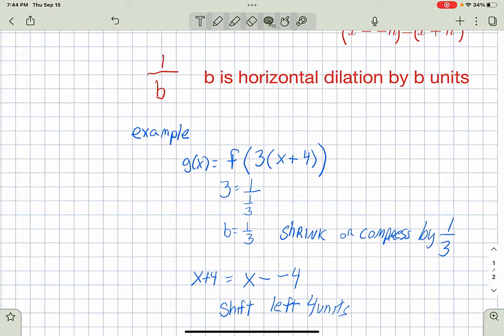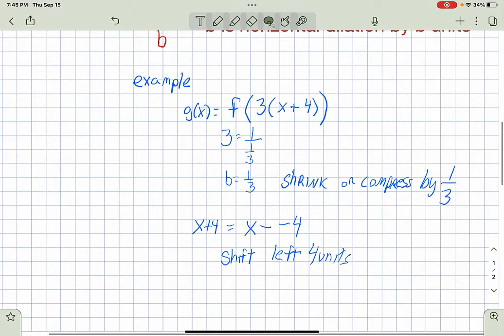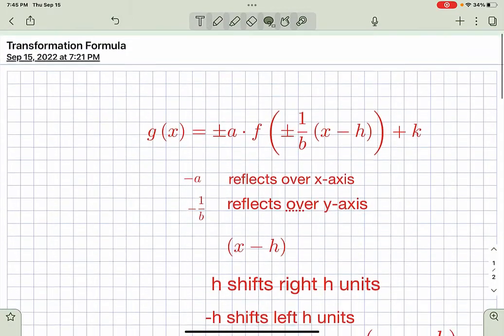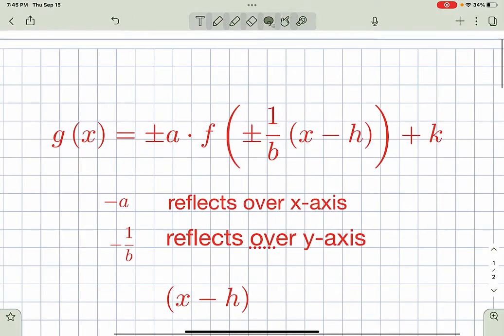So therefore b equals 1/3, which means that our function will shrink or compress by 1/3. And also look at the x plus 4. X plus 4 equals x minus negative 4, which means it will shift left 4 units. So hopefully that will clarify some of the parameters in our formula and make your solving of equations easier.